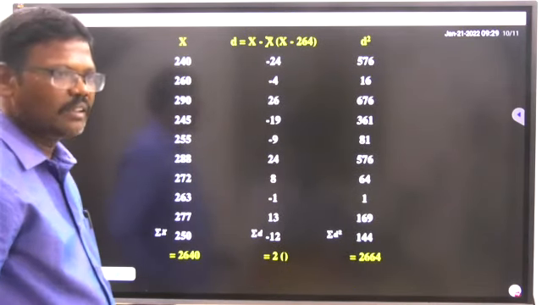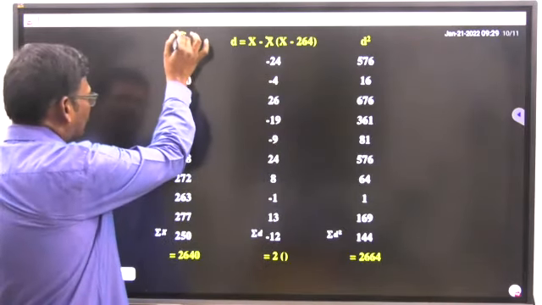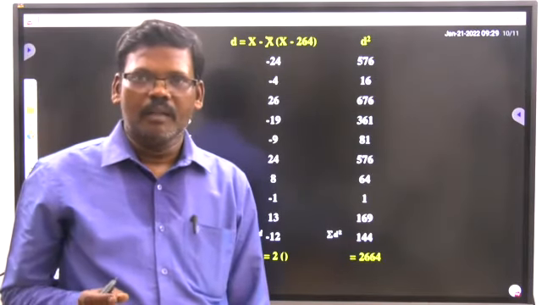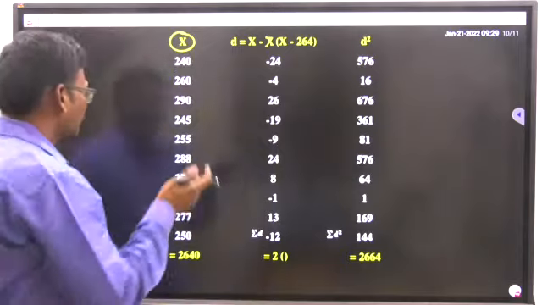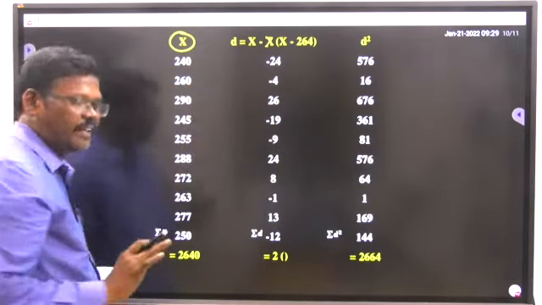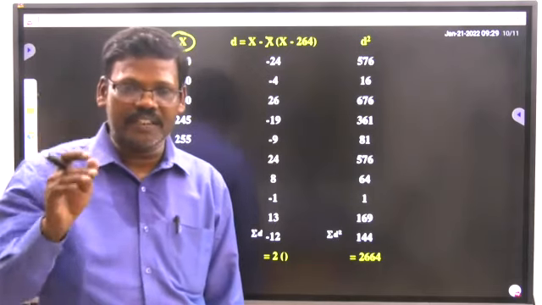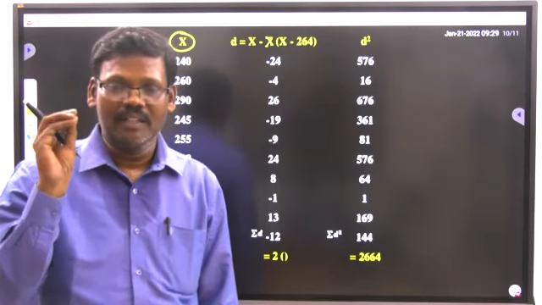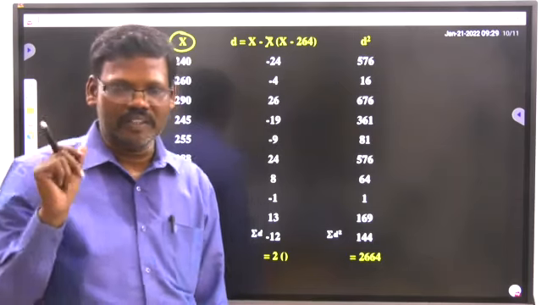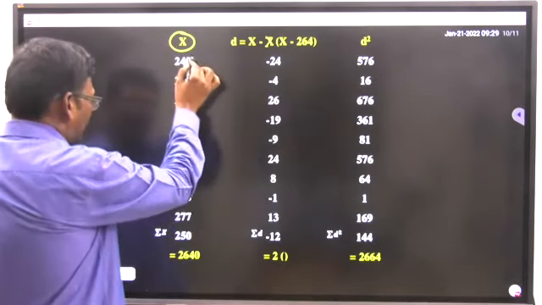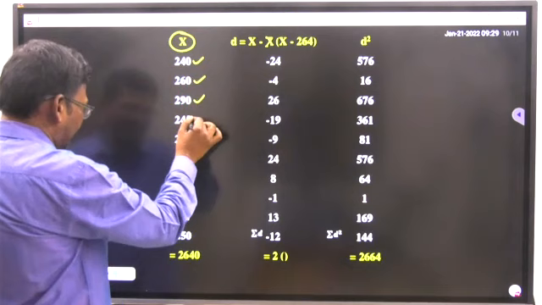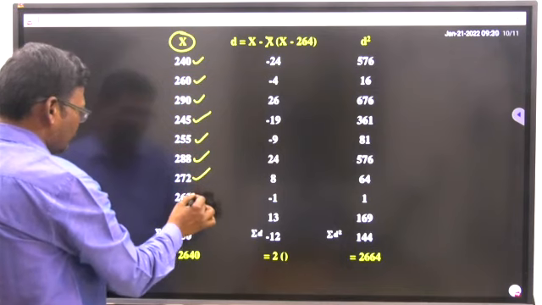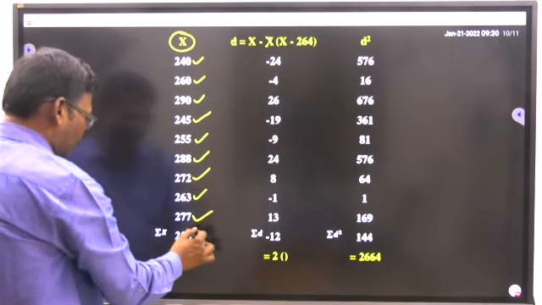First, only the x values are given in this standard deviation problem, so we can understand that it is an individual series: 240, 260, 290, 245, 255, 288, 272, 263, 277, and 250.